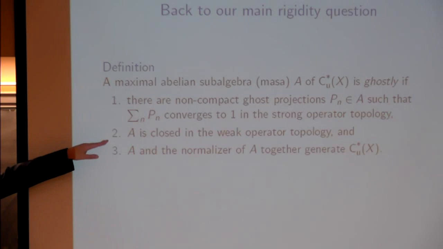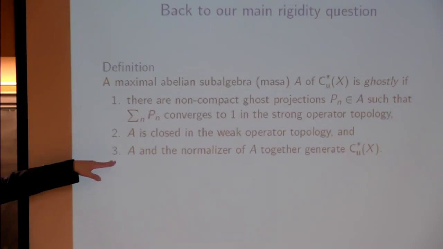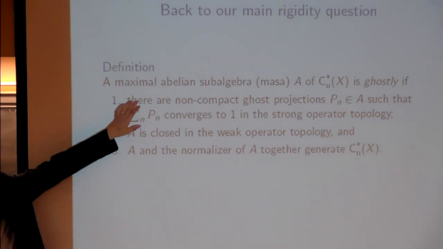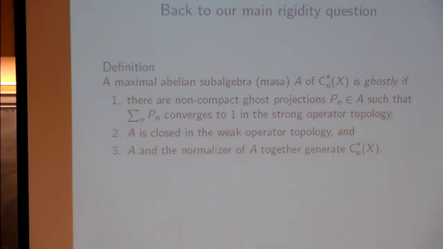It's also closed in the weak operator topology, and together with its normalizer, it generates the algebra. So the point here is that it looks like L infinity of X to some extent, but it has these ghosts which we definitely don't have in L infinity of X.